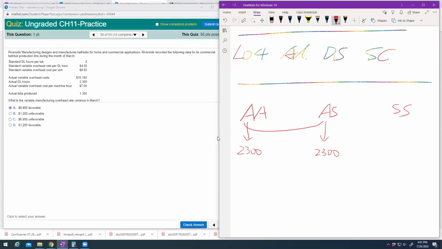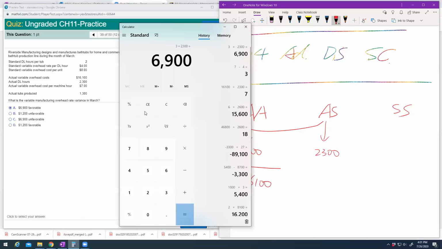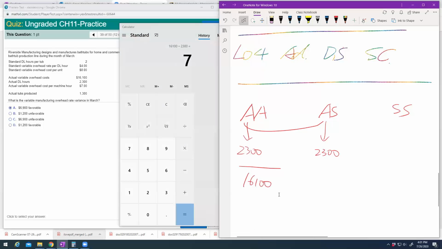And then actual variable overhead is already told you is 16,100. But I want to get 16,100 over 2,300 direct labor hours. So each hour we allocate $7.